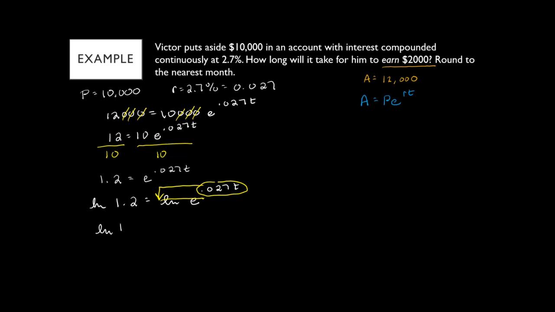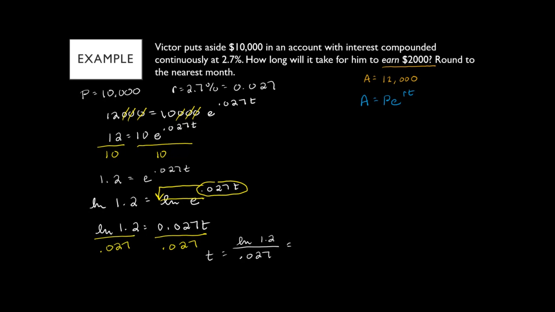And so this gives us the natural log of 1.2 equals 0.027 t. So we divide both sides by 0.027. And so t is the natural log of 1.2 over 0.027.